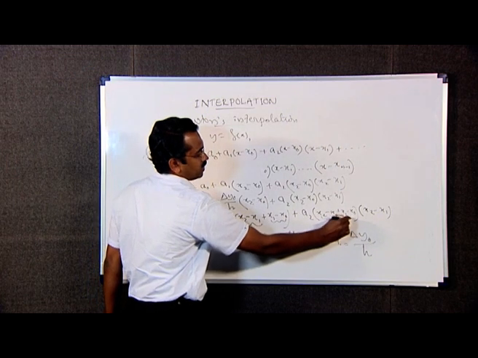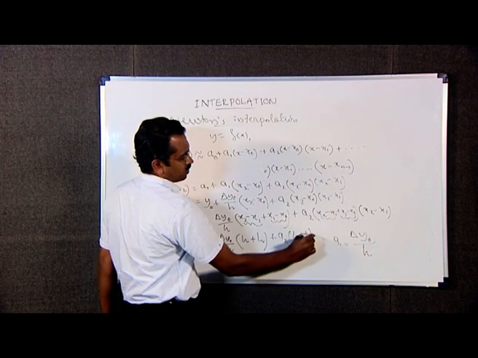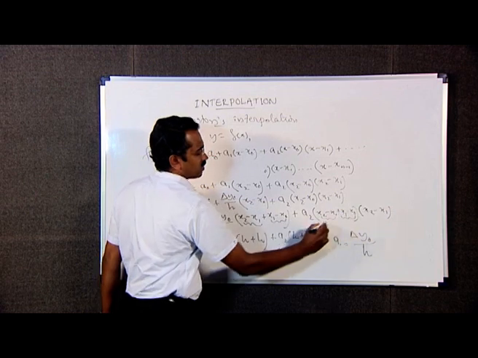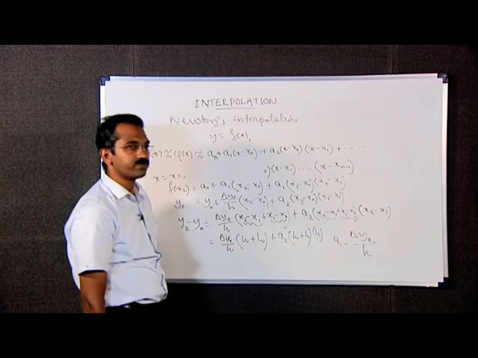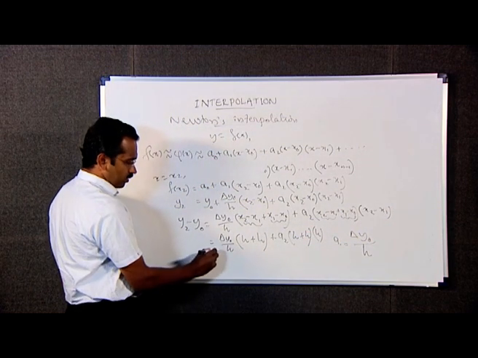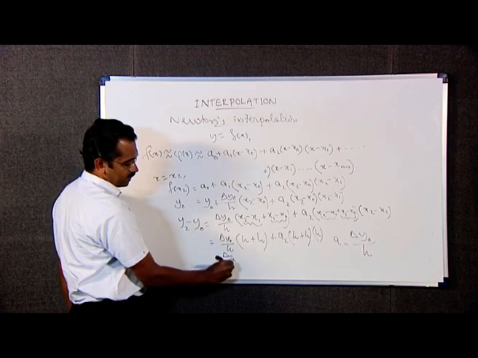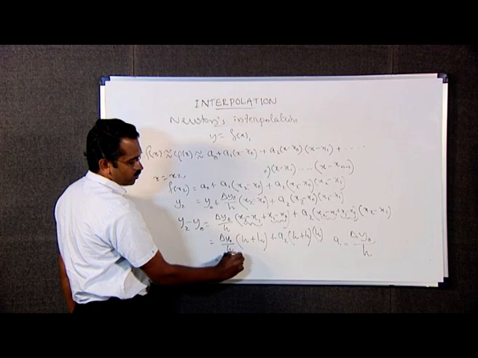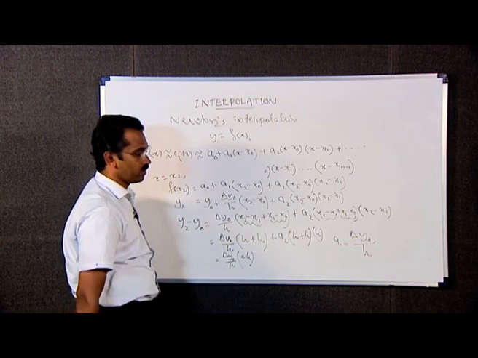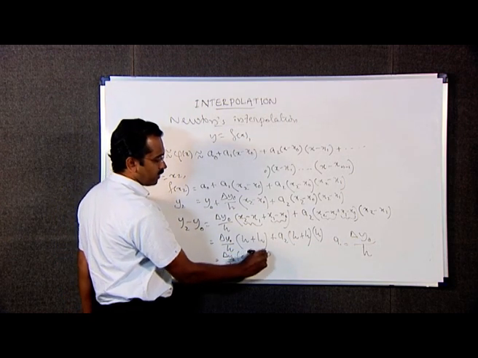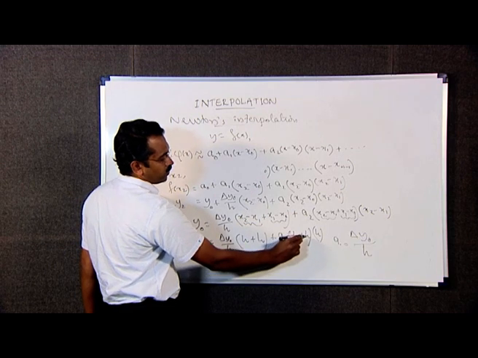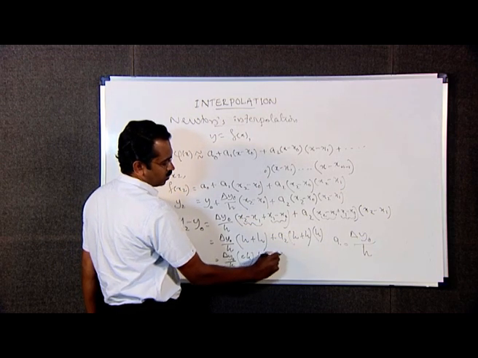This is equal to delta y naught divided by h into 2h plus a2 into 2h square.